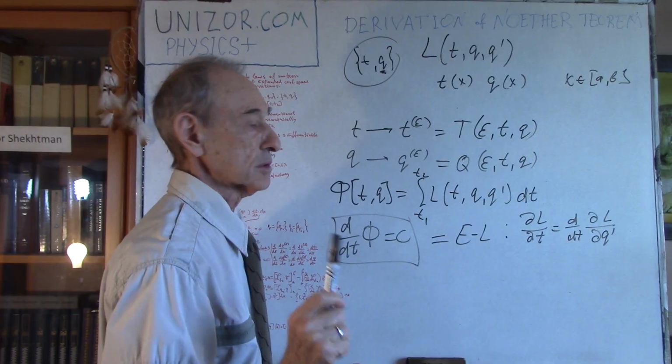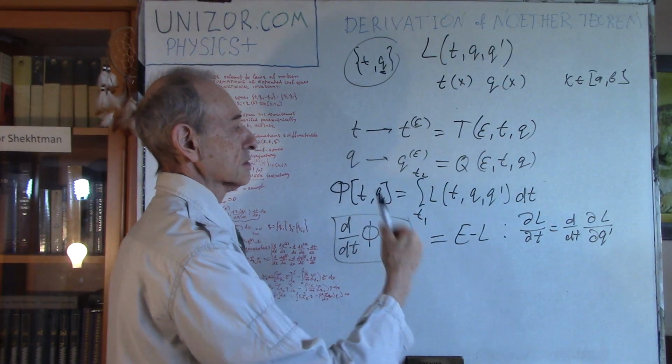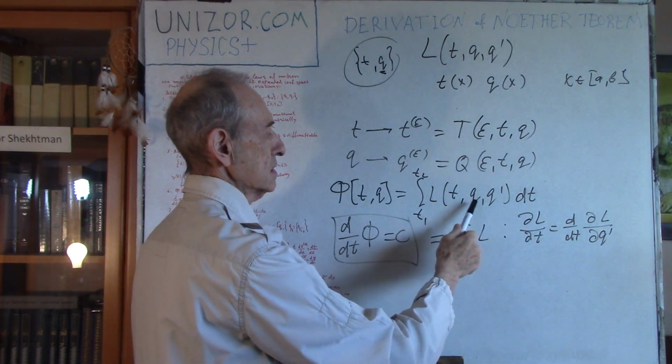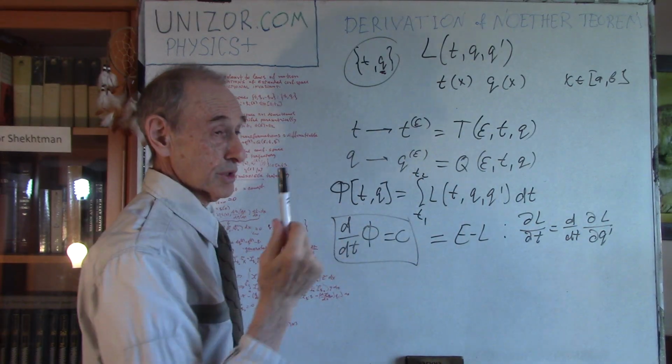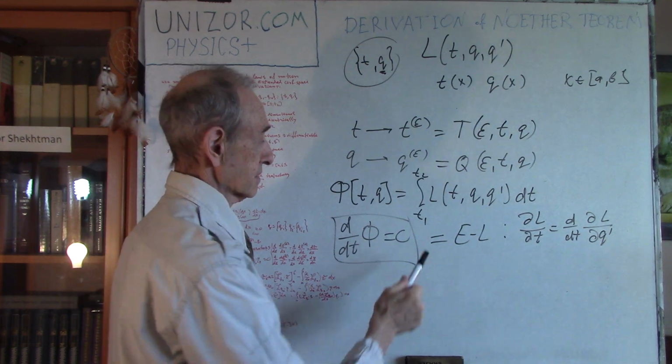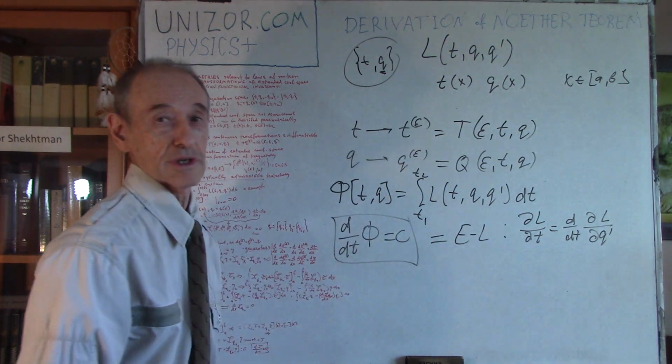Well, this is important because if we are transforming coordinates t and q using these functions, what's really ugly mathematically is that these limits are also changing.